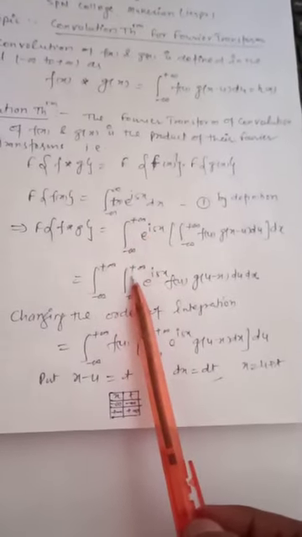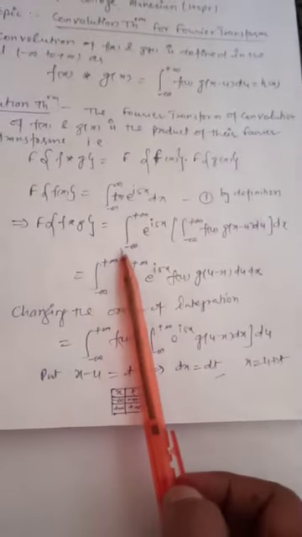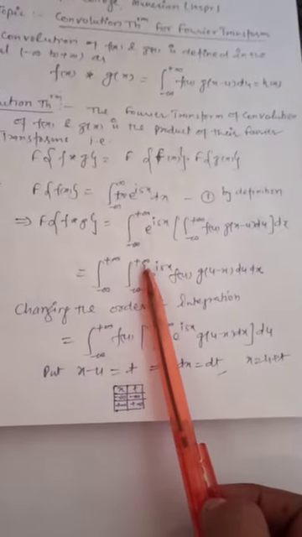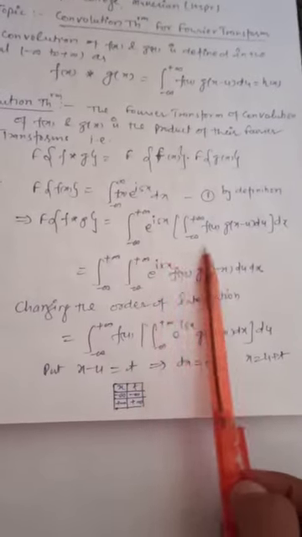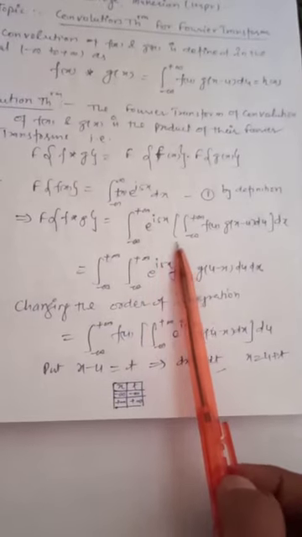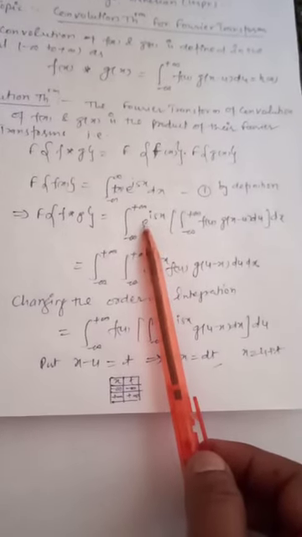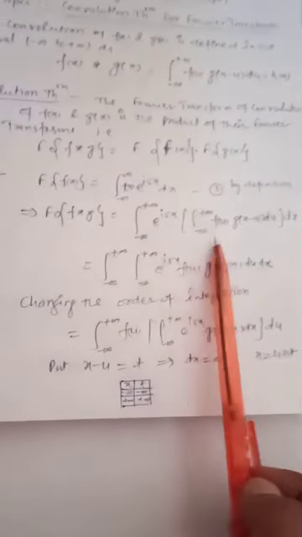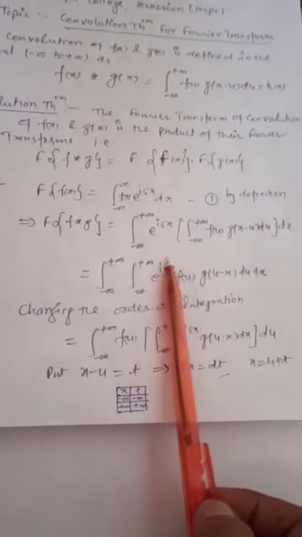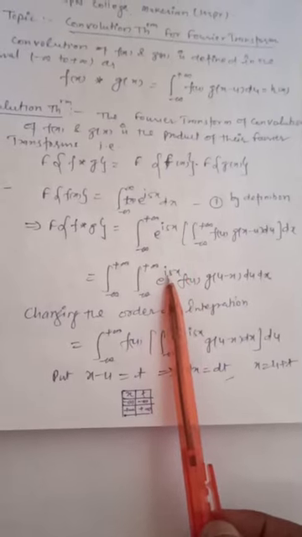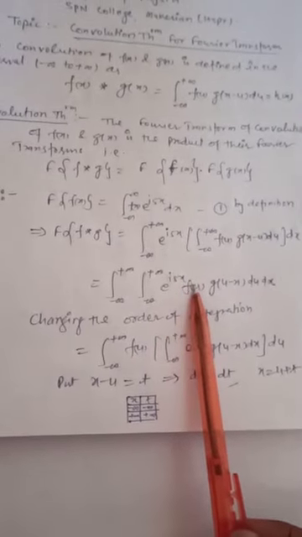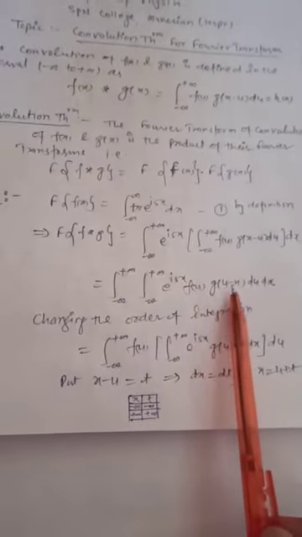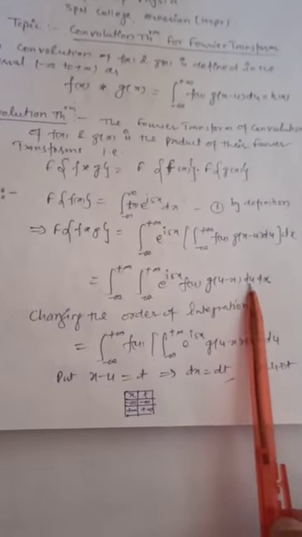In the next line, minus infinity to plus infinity again, the same. You have two integrals here, and you put the exponential iota sx inside, f of u g of x minus u du dx.